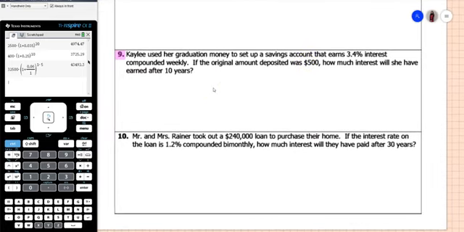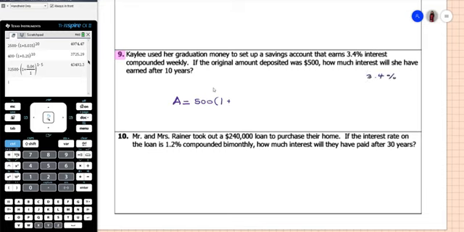On the next one that we're doing together, Kaylee used her graduation money to set up a savings account that earns 3.4% interest compounded weekly. If the original amount deposited was $500, how much interest will she have earned after 10 years? So she's got this account that's earning 3.4% interest. The initial amount that they put in there was $500. 1 plus the rate as a decimal, so 3.4%.